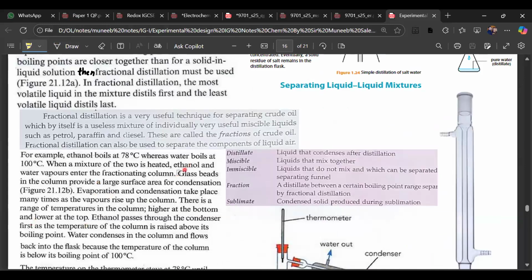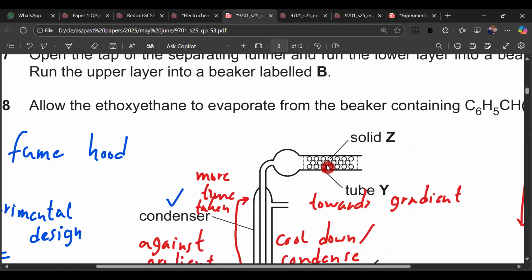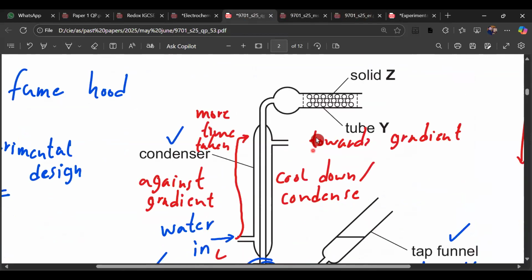Glass beads in the column provide a large surface area for the condensation. This is the purpose of the glass beads, but that is in the fractionating column, not in the condenser, which means you have to understand why the glass beads are used with the condenser.